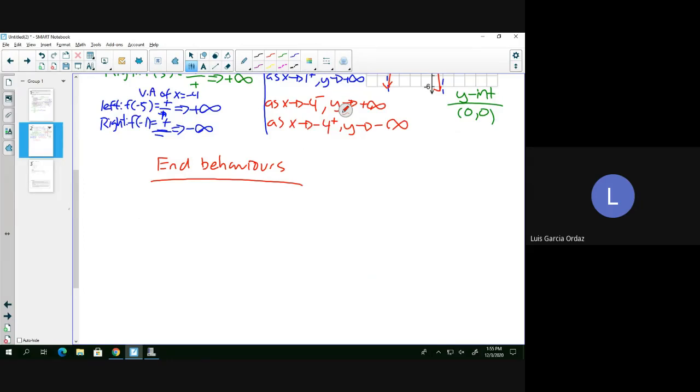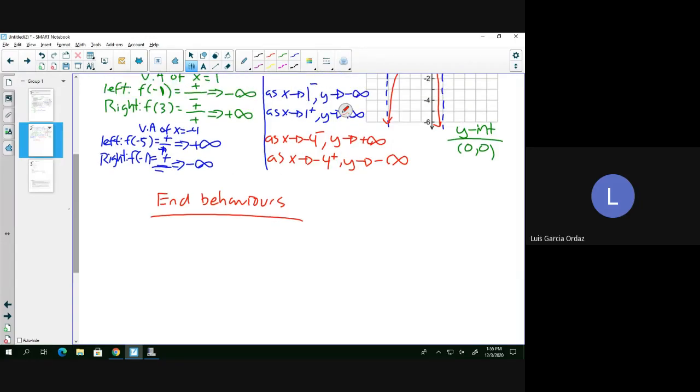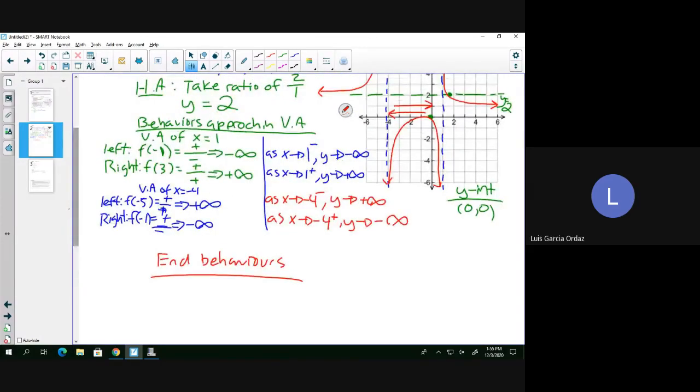Okay, so based off the graph, let's just look at our end behaviors. So as x approaches positive infinity, what does y approach? Y approaches 2 from above or below? Remember, it crosses the horizontal asymptote.